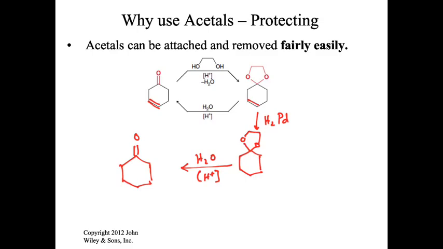So, protecting groups, acetal: super, super common, becoming less and less so, because green chemistry says don't do a bunch of reactions if you don't have to. Be more efficient with your process. So what would that mean? If I want this compound, the one with just the ketone, the cyclohexanone, maybe I shouldn't be starting with one that has an alkene on it.